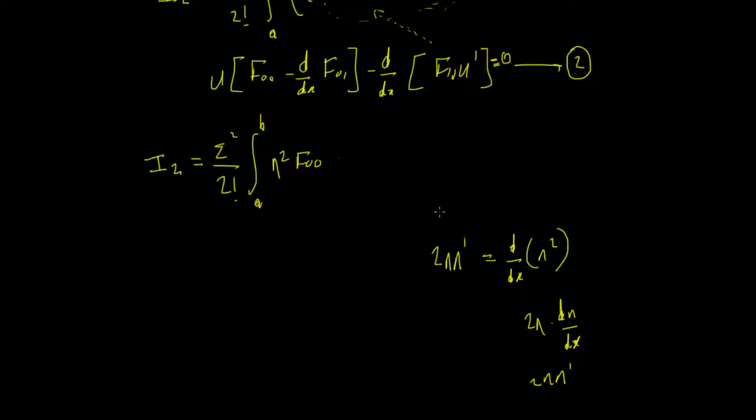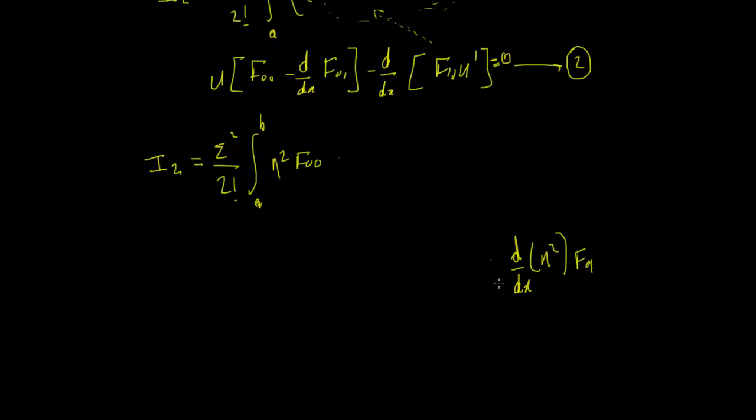Okay, so I'll just rub these out because I don't want all this cluttering that up. So now, instead of that there, we would have d by dx of eta squared times the f naught 1.